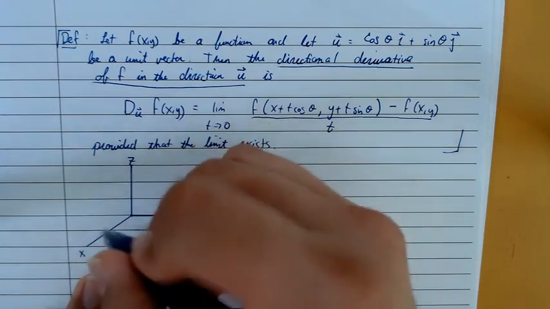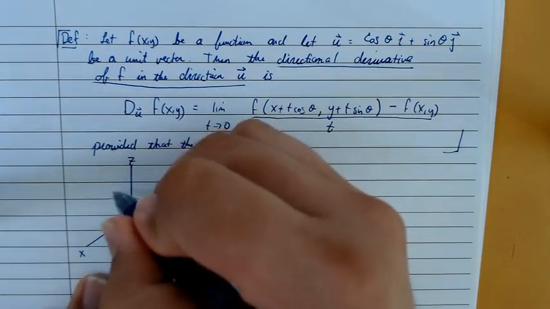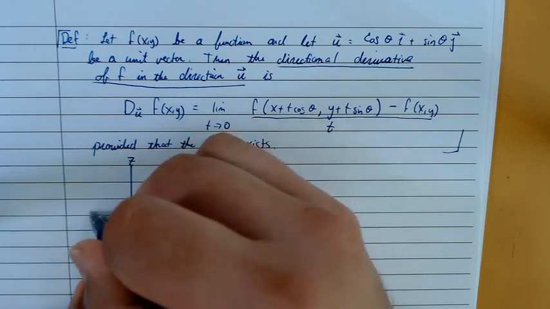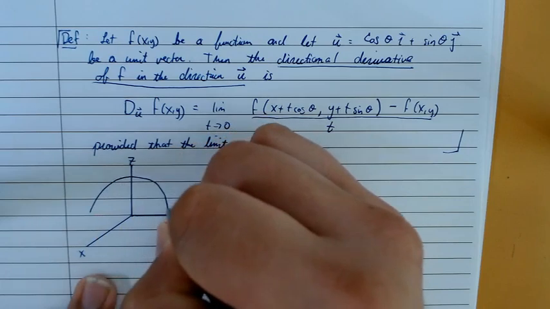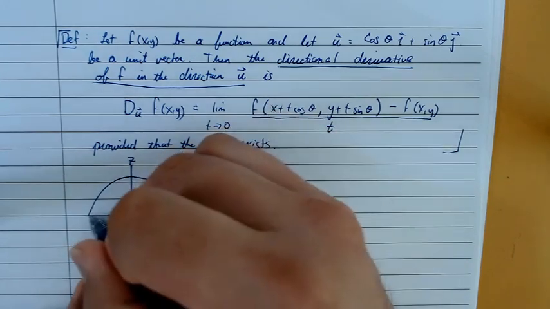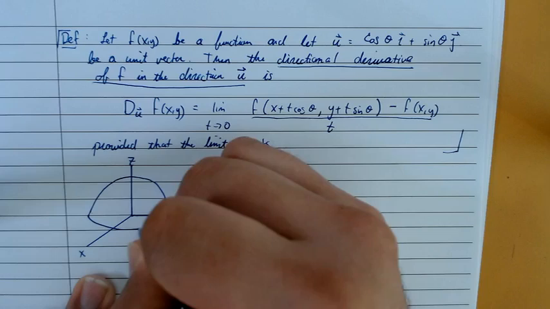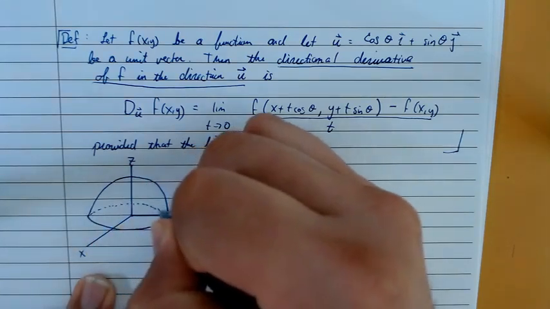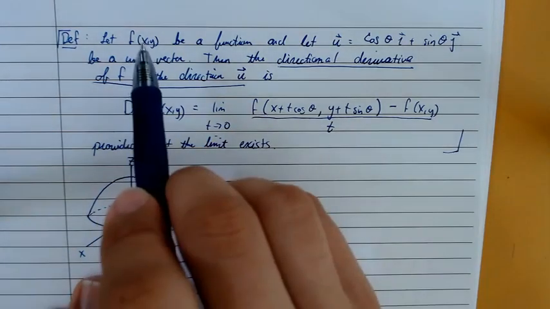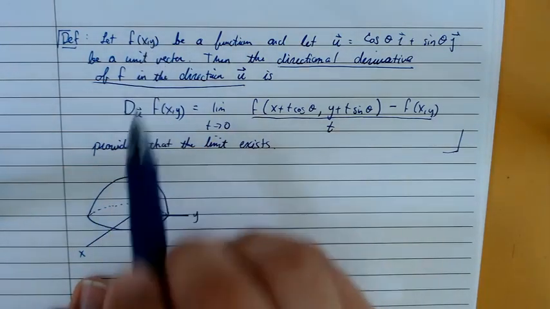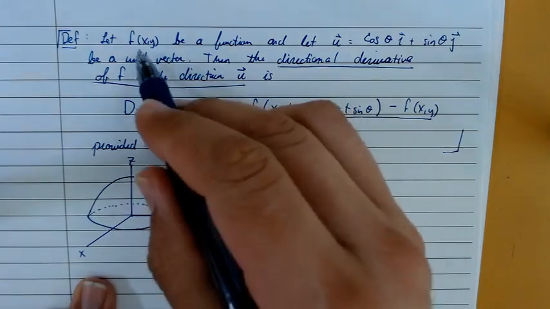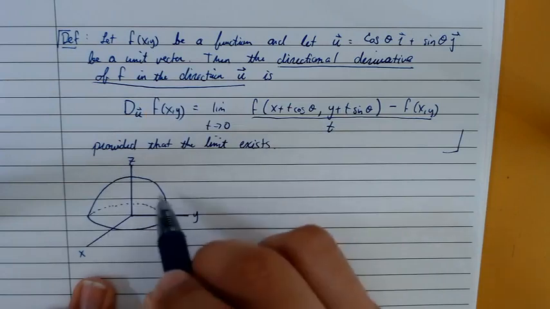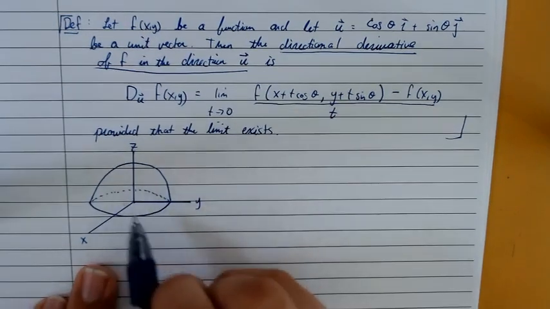So I'll have some domain down here and the function up here somewhere. So remember, you have some region on the xy plane that serves as the domain of this function, and then z equals f of x, y. Well then that's this surface up here, this sort of dome shape over the domain.